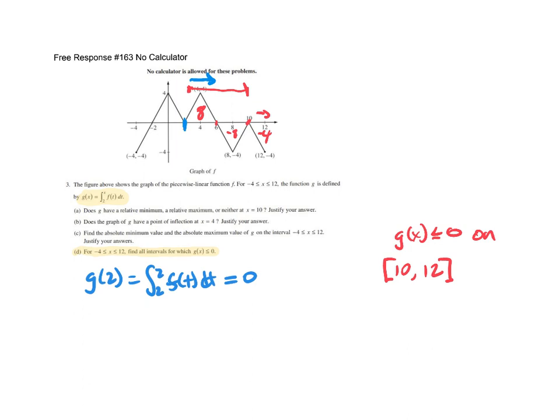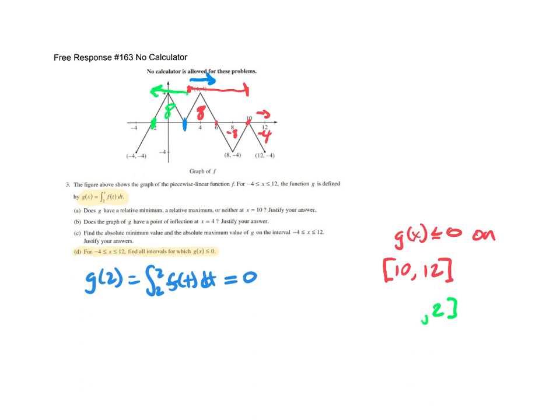Okay, now let's think backwards here. If I'm at 0 and I start going this way, we already said this was 8, but I'm going from right to left, so that's negative. So I'm negative 8 when I get to there. So I'm definitely negative on 2, and so that part there, that's 2 this way. And let's see how far I can go before I get positive again.